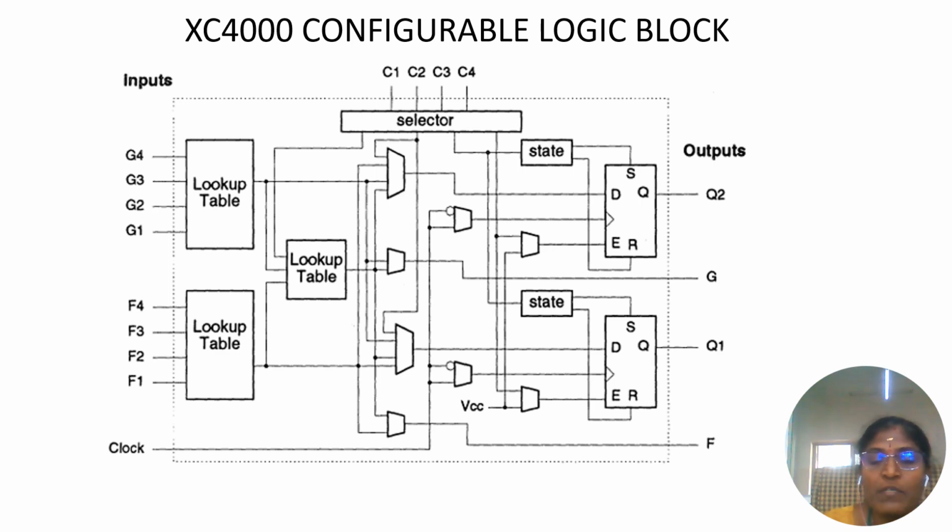The flip-flop is used to send the proper outputs. The other block does carry propagation, that is carry forward. Then you have a state block, which is used to set and reset the flip-flop. If it is set, the flip-flop gives output 1. If you reset, the flip-flop gives output 0.